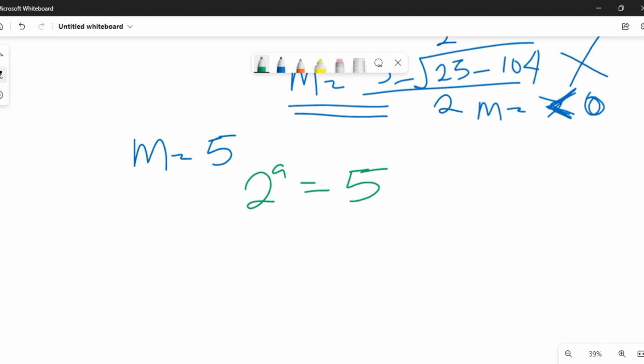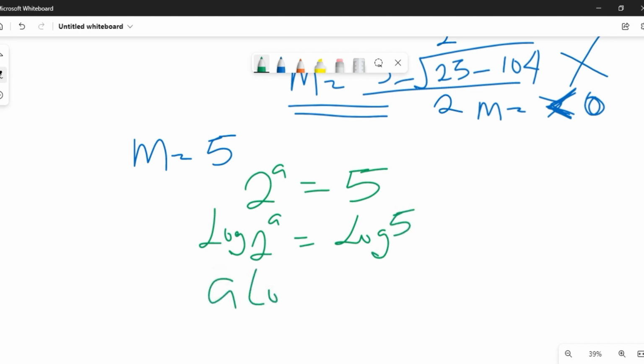So to find a, we take the log of both sides. That will give us a log 2 equal to log of 5.